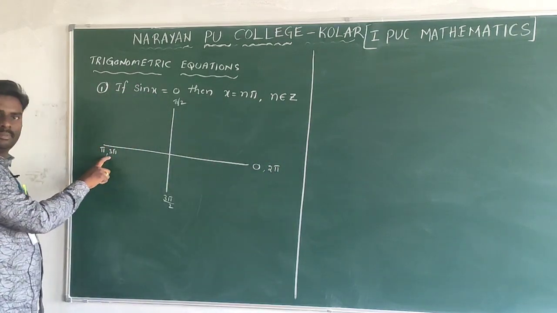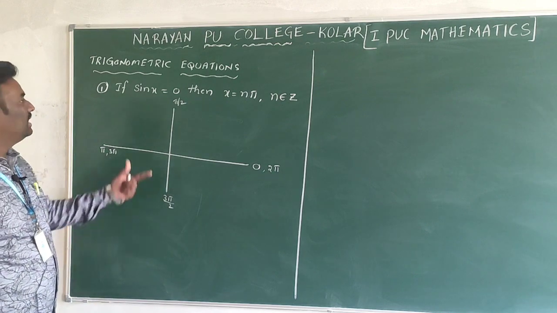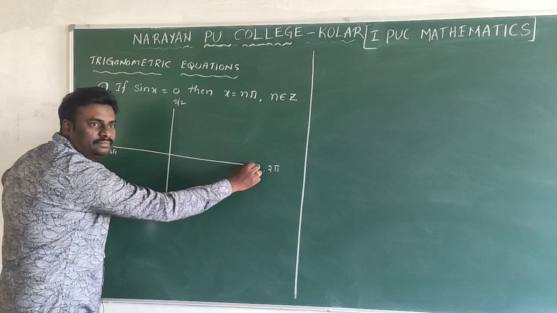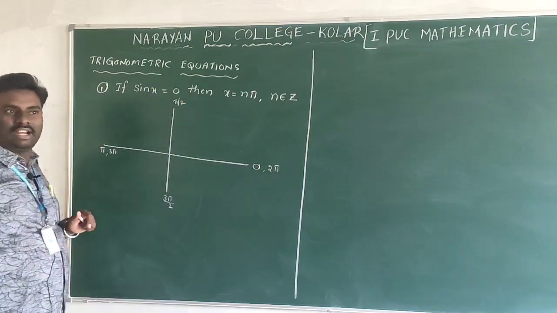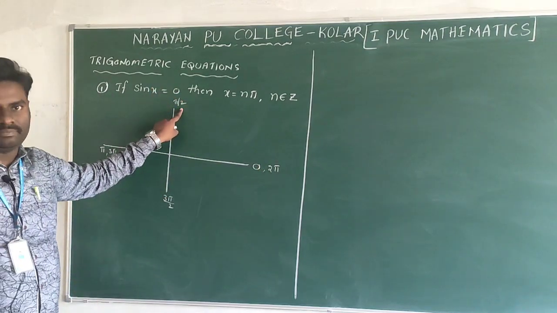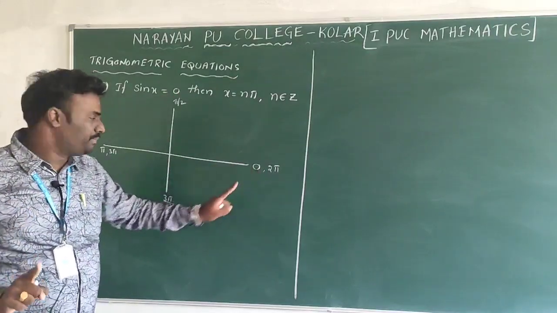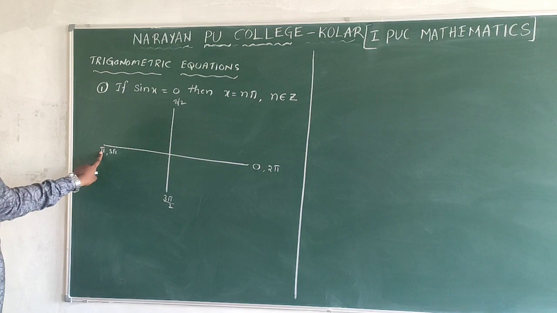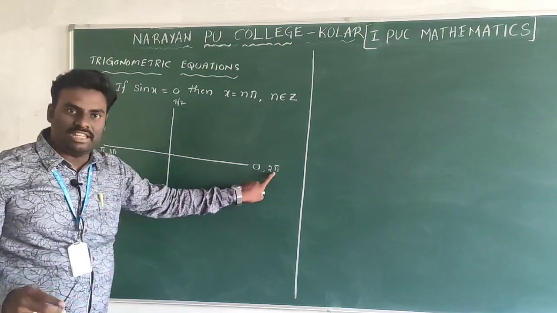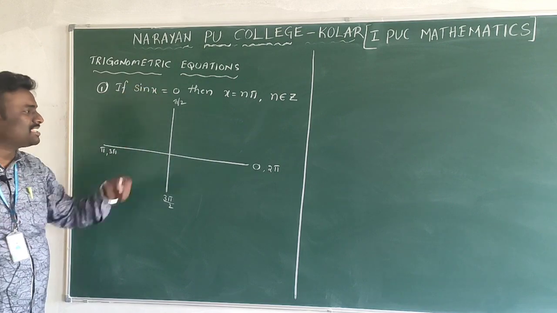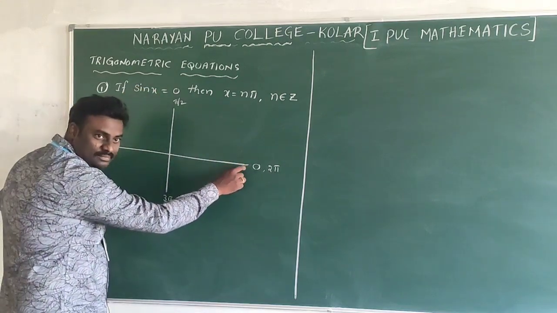Here you will get odd multiples. Generally the sin function is 0 for these angles, not the angles on a vertical line, because sin 90 will be 1, but sin 0 is 0, sin 180 is 0, sin 360 is 0, meaning sin x is equal to 0 will exist on a horizontal line.